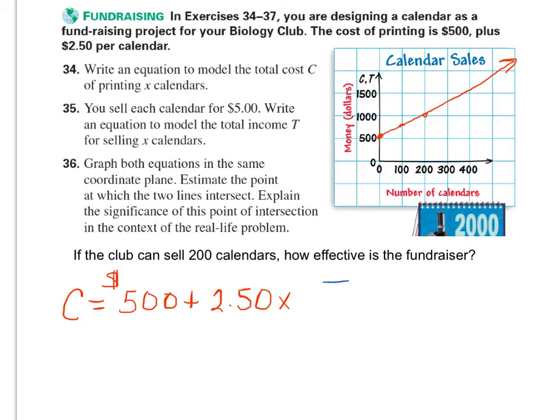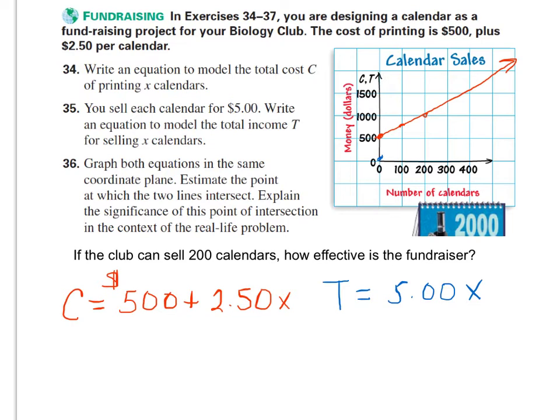So then total income, which they called T in number 35 there, would be that we're going to bring in $5 for every calendar that we sell. So this is not profit, this is just the total income that you bring in. So at 0, if you haven't sold any calendars, obviously you're not going to have any money coming in.